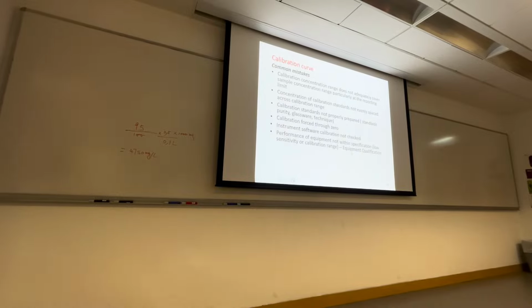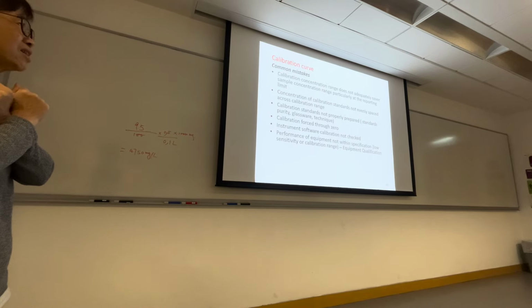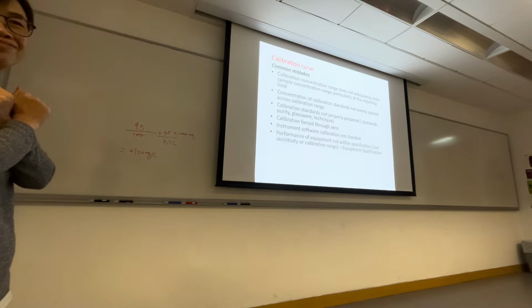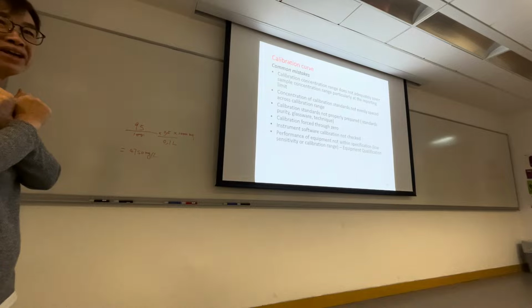So the most common mistakes we encounter for the calibration curve: it doesn't cover the sample concentration at the reporting limit, and the concentrations of the calibration standards are not evenly spaced across the calibration range. Calibration standards not properly prepared.